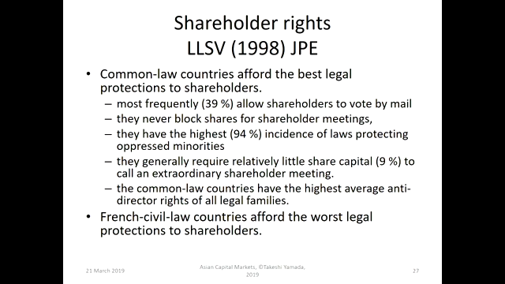So as far as shareholder rights are concerned, common law countries have the best legal protections. On the other hand, the French civil law countries have the worst among all the groups. So that's what they find.